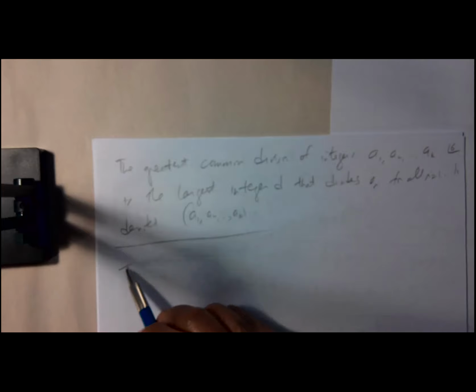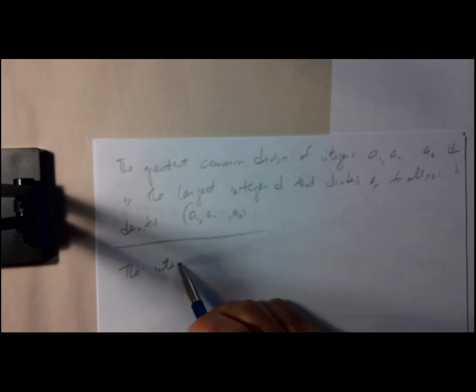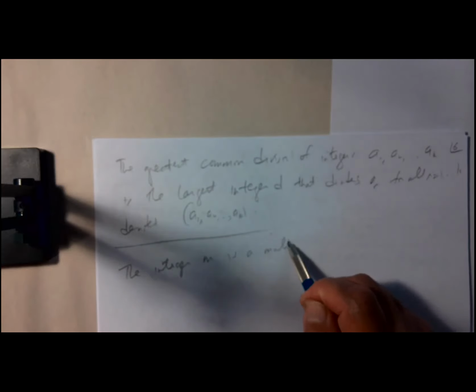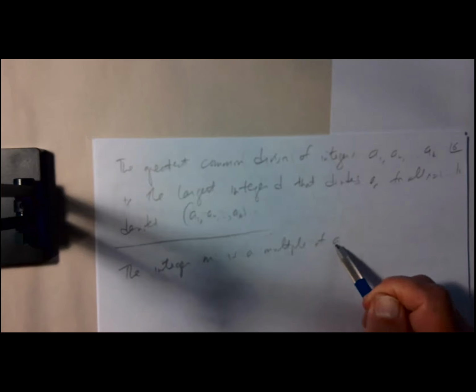We say that the integer m is a multiple of a if m is equal to a times q for some q. Right? M is a multiple of a means like a, 2a, 3a, those are all the multiples of a.